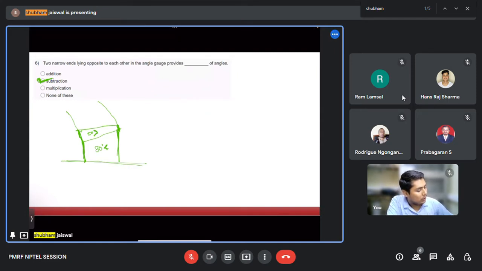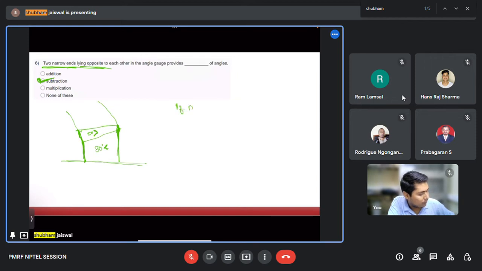Similarly, the addition is also possible, but in the question they have asked about the two narrow ends lying opposite. So if the narrow ends are opposite to each other, then only subtraction will happen. If the two narrow ends are on the same side or in the same direction, then the addition will happen.